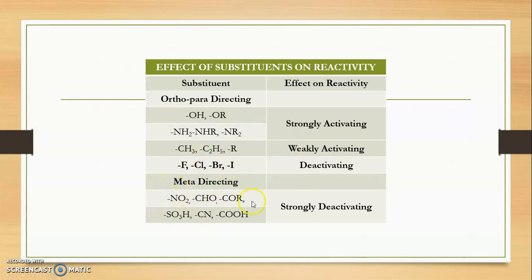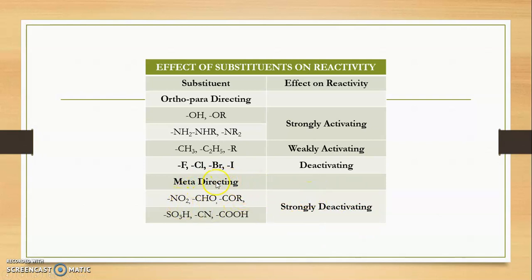Now after ortho-para directing groups, we will see meta directing groups. We already know different examples of meta directing groups: the nitro group, aldehydic functional group, ester functional group, sulfonic acid group, cyano group, as well as the carboxylic acid group. All meta directing groups are strongly deactivating groups.